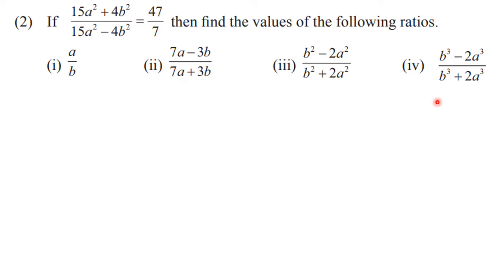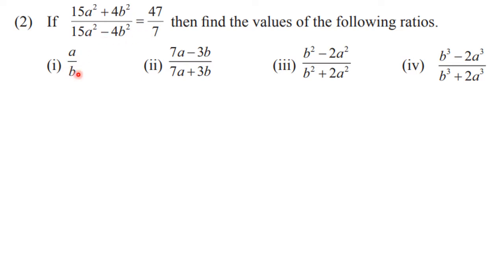So what we can understand here is we have to make use of property of componendo dividendo, but afterwards to get the final answer, we have to use property of invertendo. We have to inverse it. Then we are going to get the answer. Okay, so to find values of second, third and fourth, first it is important to find value of a upon b. So by using the given equation, we have to find value of a upon b.